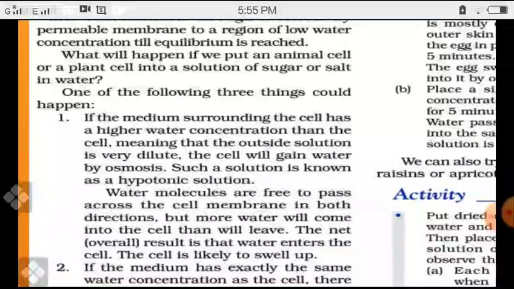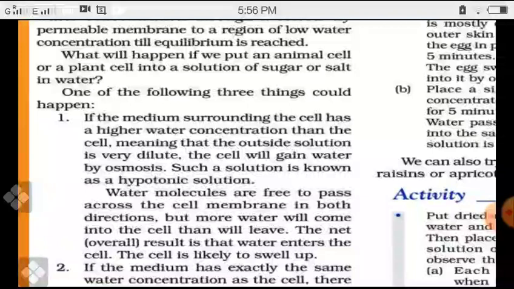If we put into this beaker one cell, the medium surrounding the cell has a higher water concentration than the cell inside, meaning that the outside solution is very dilute. The cell will gain water by osmosis, because in the beaker the salt or sugar content is very less and the water content is very high.